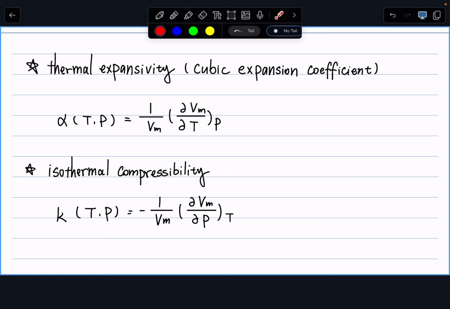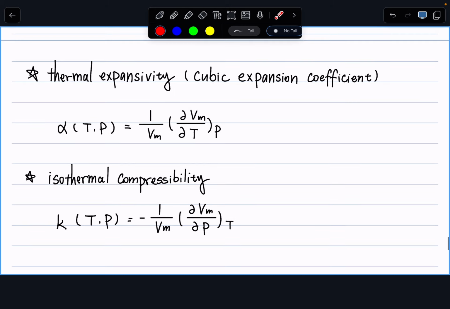The first one is called the thermal expansivity or cubic expansion coefficient. So that's 1 over Vm times the partial derivative dVm over dT at constant pressure. And the bottom is called isothermal compressibility, which is 1 over Vm with a negative sign, and then the partial derivative of Vm over dP at constant T.